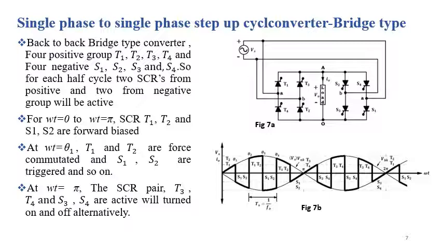So for the positive half cycle of the input signal, we have polarity at the input side like this. The point A is positive and the point B is negative.